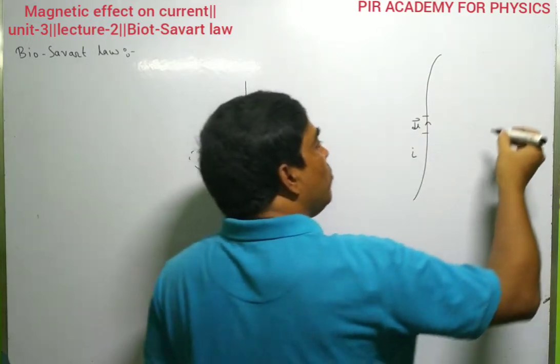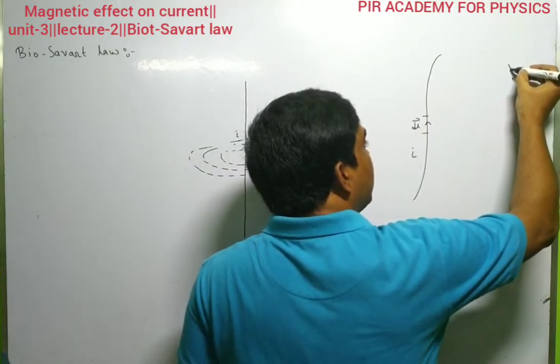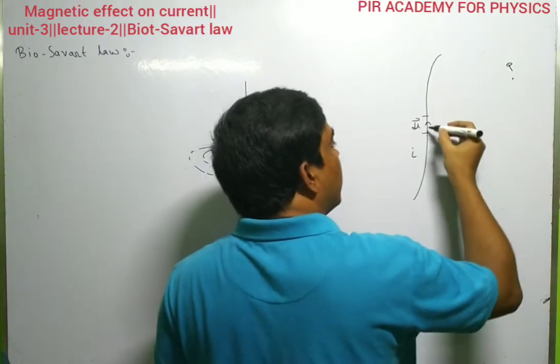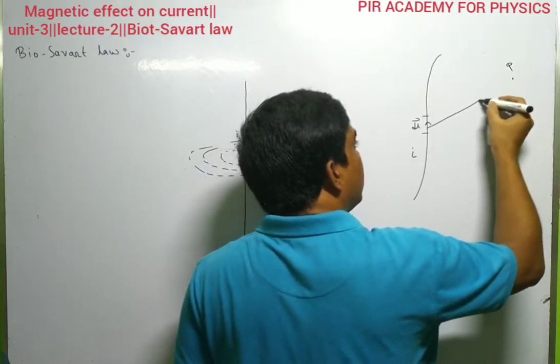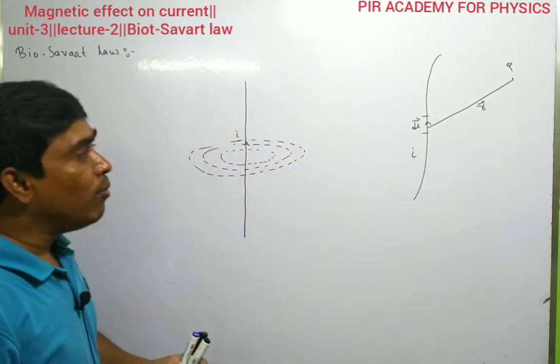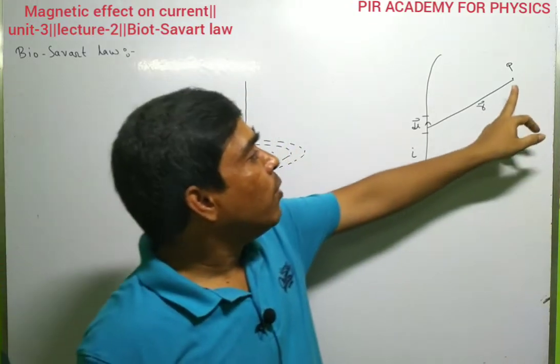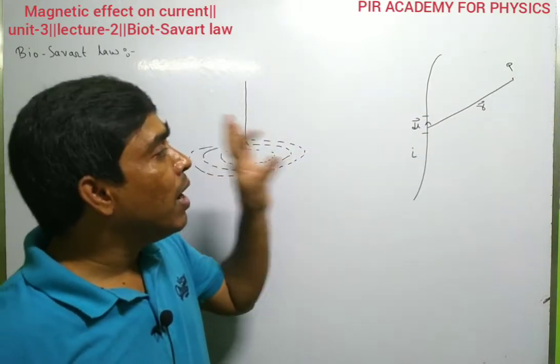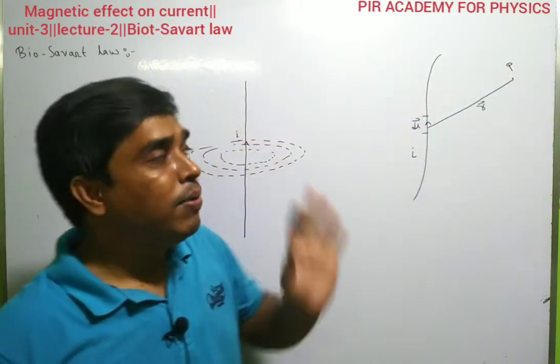If I want to calculate the magnetic field at P, and this distance is R, then what will be the value of the magnetic field at point P?